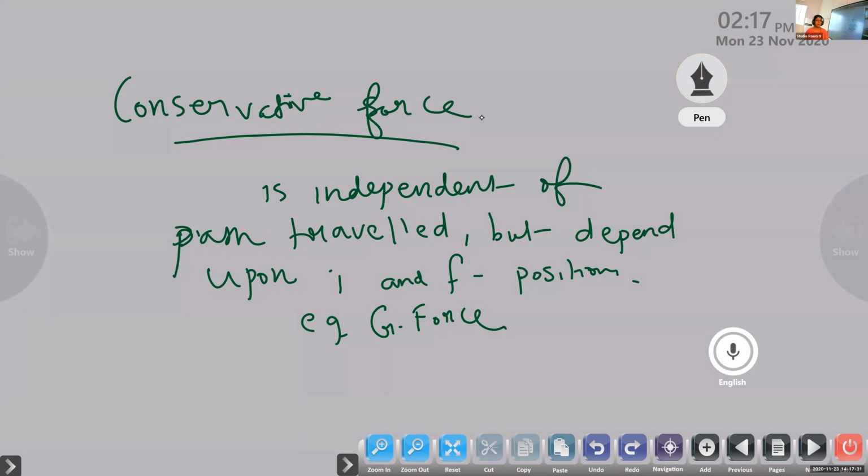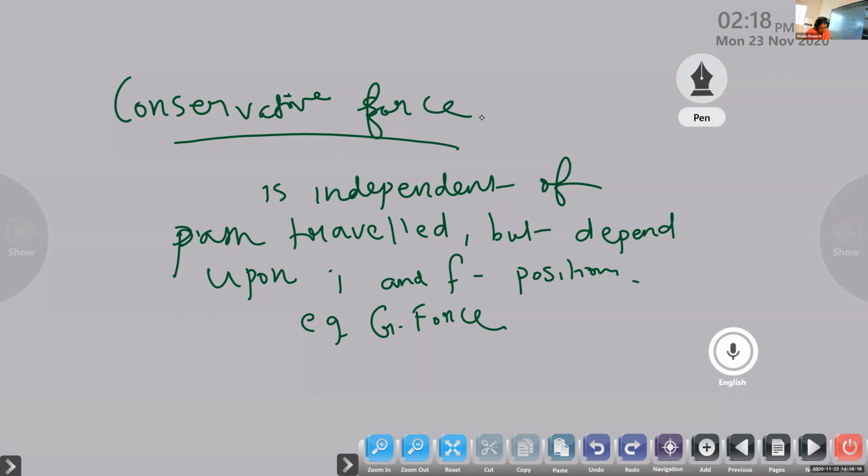That is, a force is said to be non-conservative if the work done by the force on a body moving between two points depends upon the path traveled by the body.